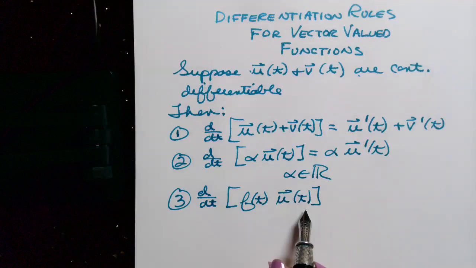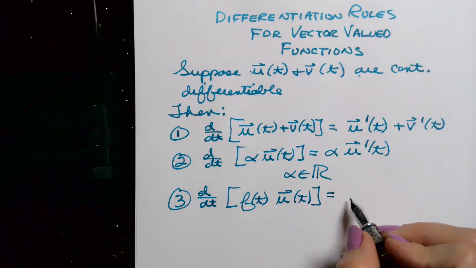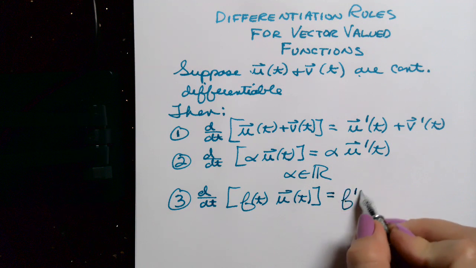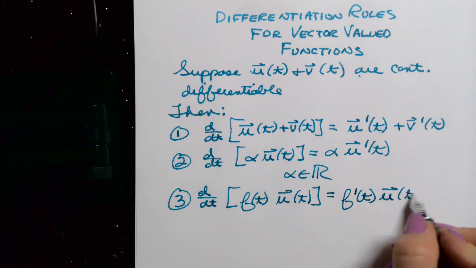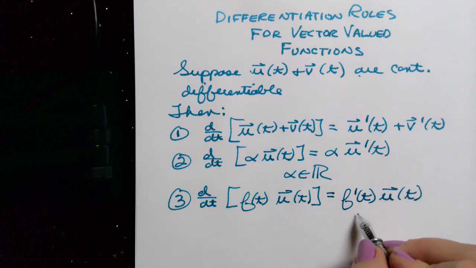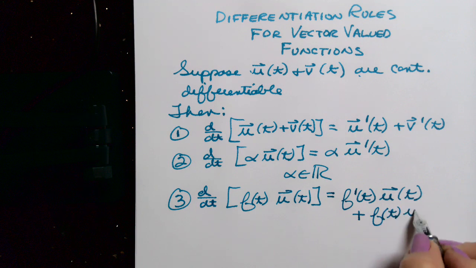How do I differentiate that? Well, it turns out it's probably what you would guess. You differentiate the scalar valued function and multiply it times the vector valued function, plus you take the scalar valued function times the derivative of the vector valued function.